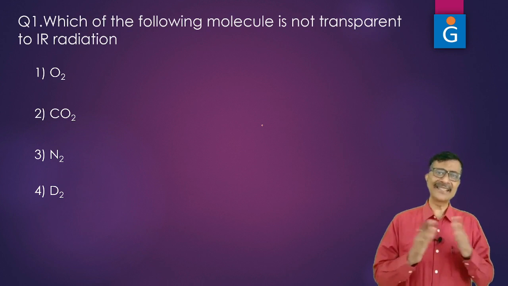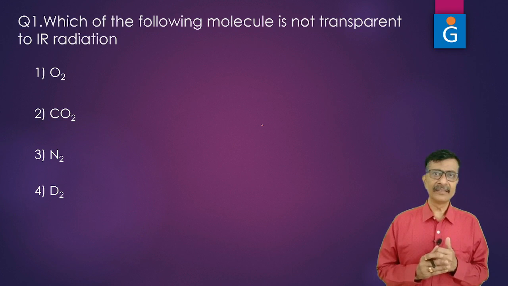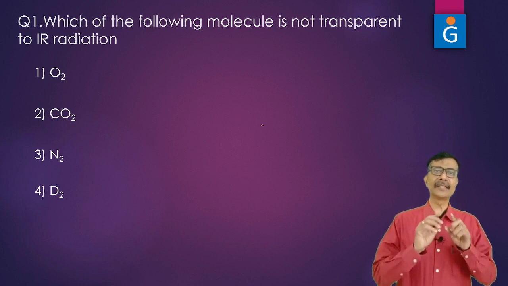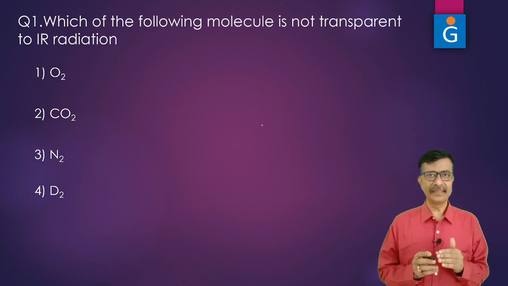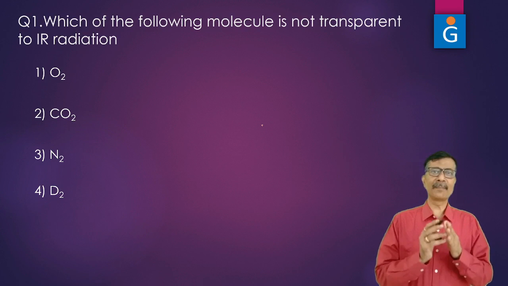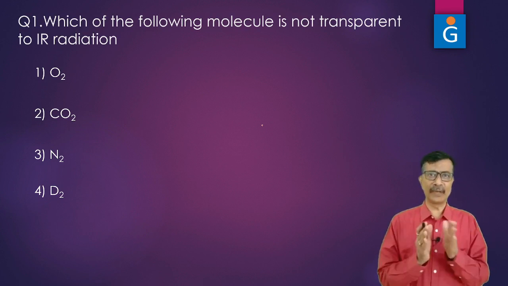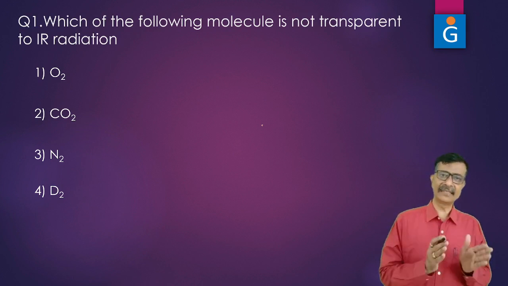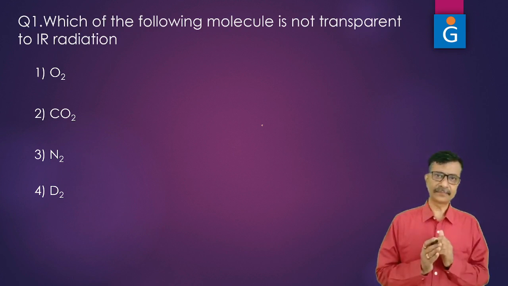Now, what is the criteria to absorb IR radiation? That is, there should be some change in polarity, and there must be some natural vibrational frequency with a particular molecule, and when it matches with the IR radiation, then it absorbs.